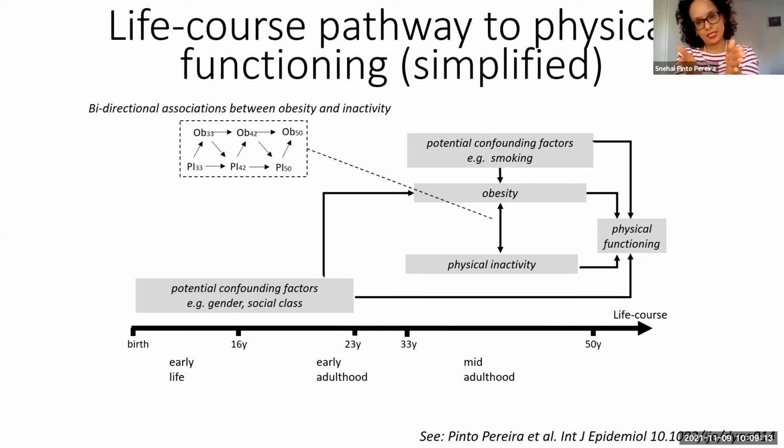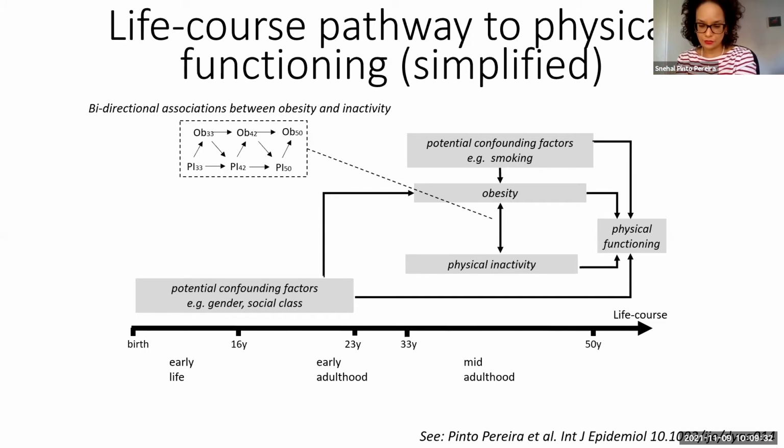So essentially, it's quite a powerful way of thinking, because you're asking right at the get-go, is it worth making this intervention to make obese people active? Before you even design the intervention, before you even do a trial, you're asking whether it's worth doing.